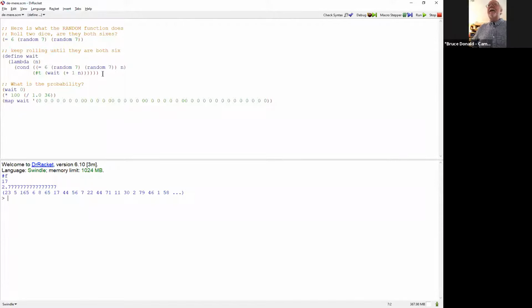We cannot guarantee that it will always deterministically halt, but we can say probabilistically it will halt. In fact, it will halt with high probability within a certain number of rolls. And we can estimate the probability for each roll as being about 2%, between 2 and 3%.